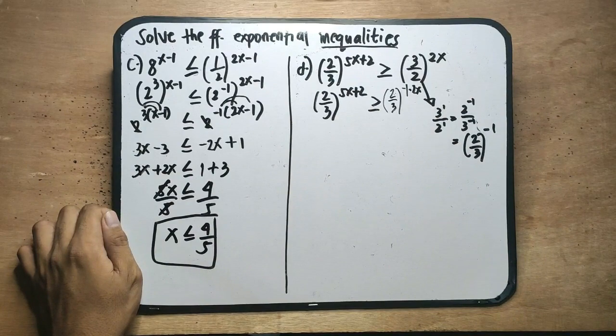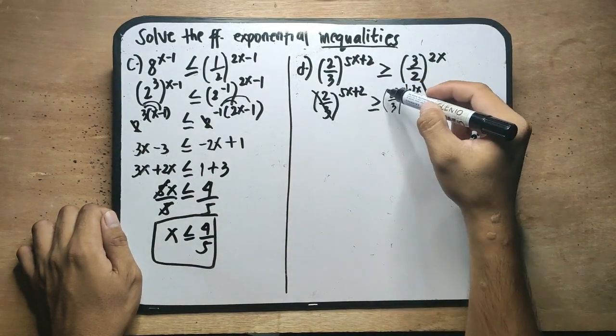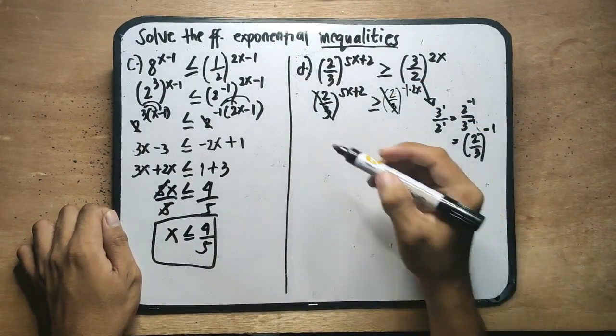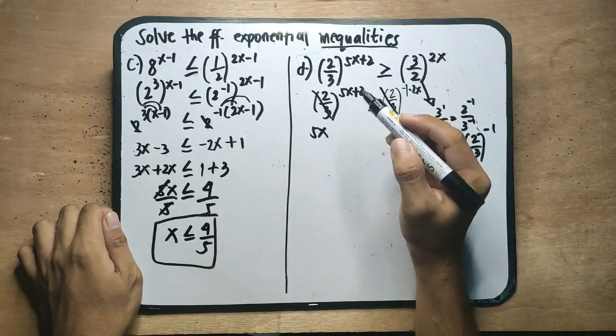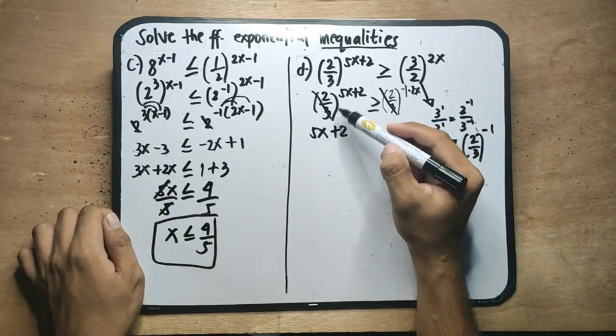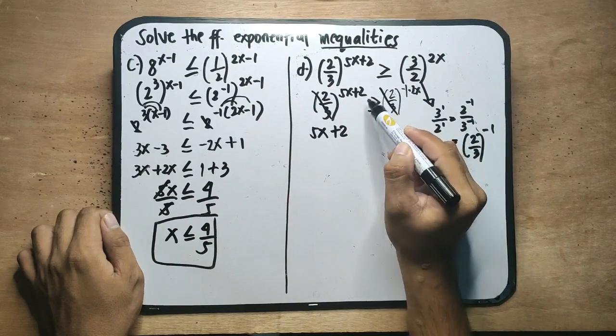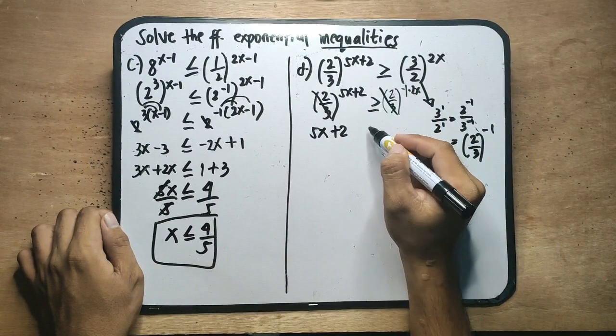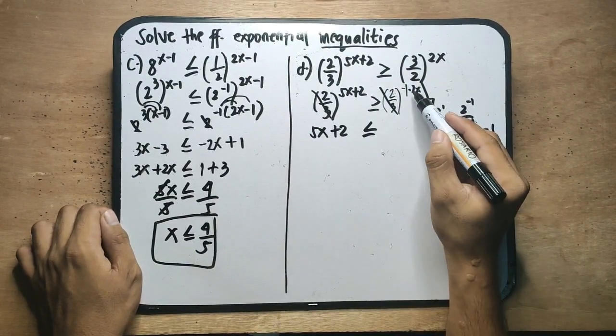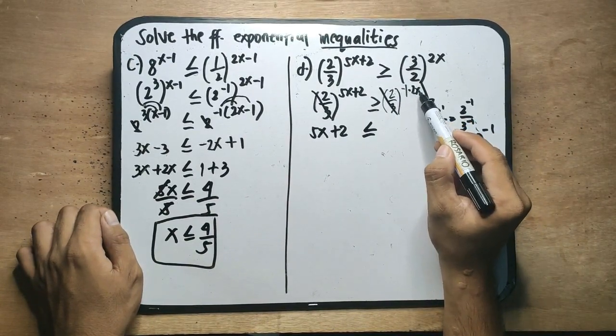Okay? So since pareho na sila ng base, we can disregard the base. Then we bring down their exponents, 5x plus 2. Since si 2/3 ay in between 0 and 1, may iba yung direction ng inequality symbol natin. From greater than or equal to magiging less than or equal to, and then we bring down the exponent.